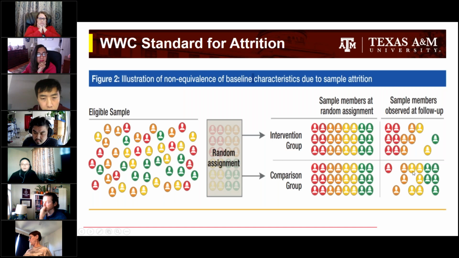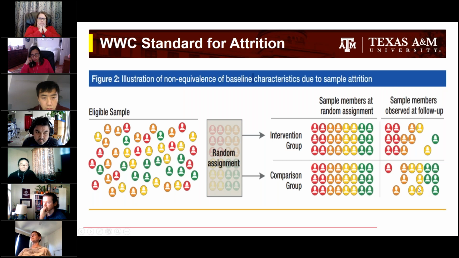However, if attrition happens, the members of the intervention group and comparison group are not the same, because you can see here we have more red and orange circles in the intervention group at follow-up, and more yellow and green circles in the comparison group.